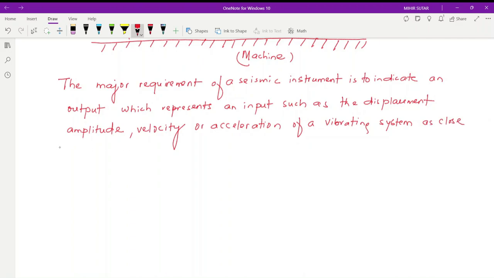Means it should reflect the result as close as possible.